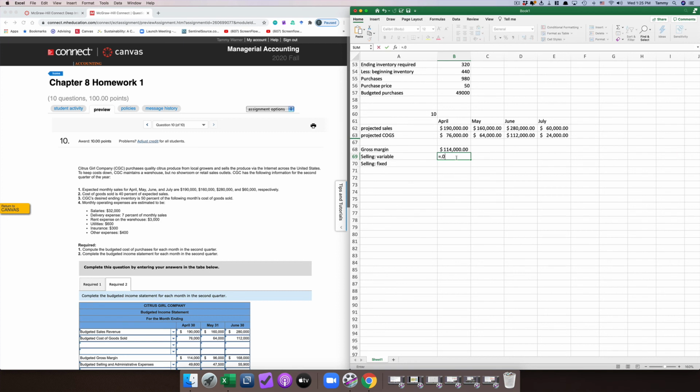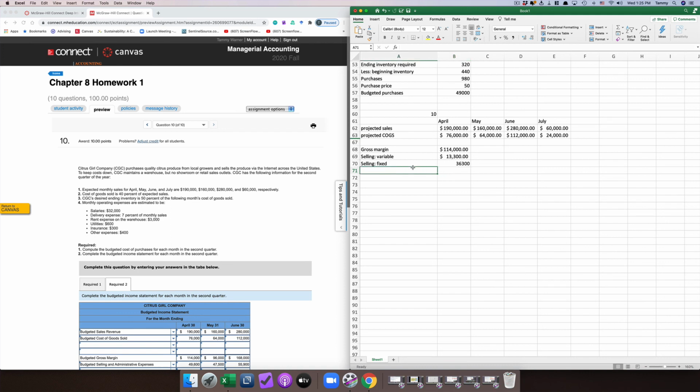So 0.07 times the sales, monthly sales. And then our fixed expense, we just got to add up all these other fixed expenses. So it's 32,000 and 3,000 and 600 and 300 and 400. And I think, yeah, that 32,000 is a typo. There we go. Okay. So our fixed selling is there.